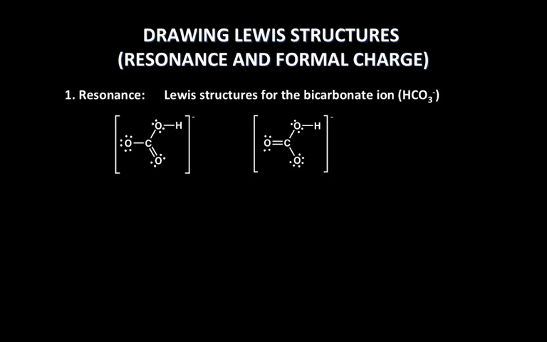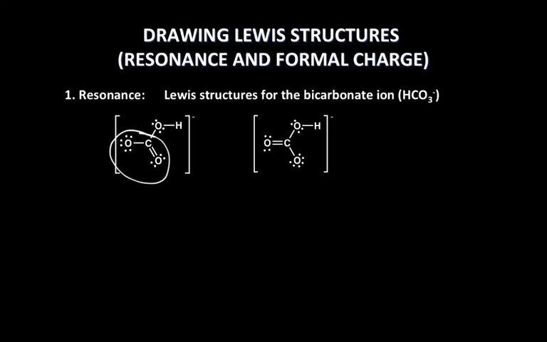So here are two resonance structures for the bicarbonate ion. And to talk about resonance, we're going to focus on the CO bonds that don't have a hydrogen attached. So these two CO bonds.